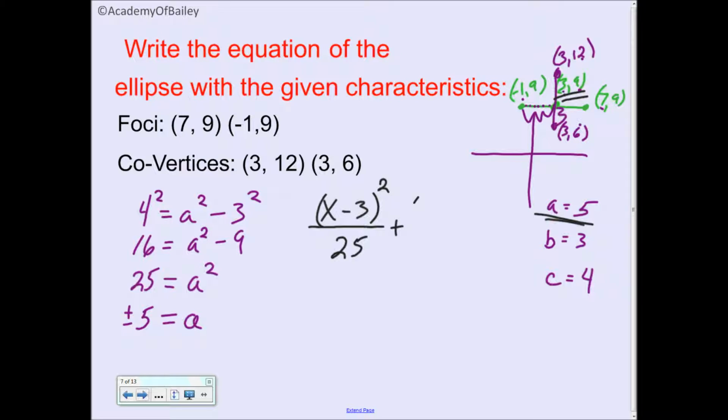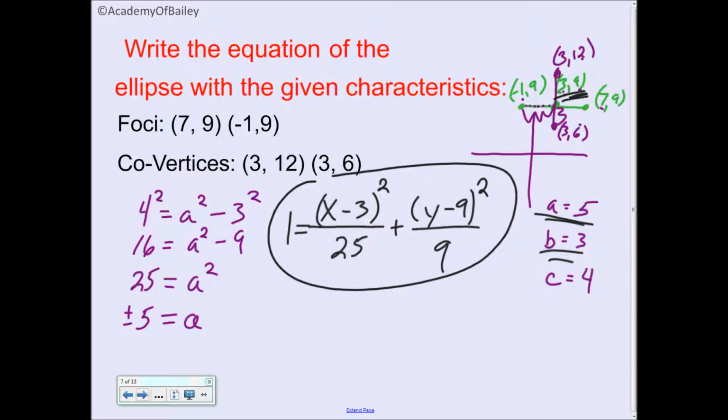We're going to add y minus k, and k once again is 9, over b squared, which is also 9. And we know that all this must equal 1. And there you go, that is how to write the equation of an ellipse when you're given the foci and the co-vertex.